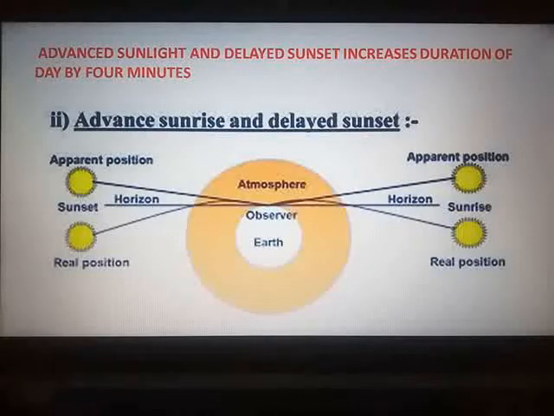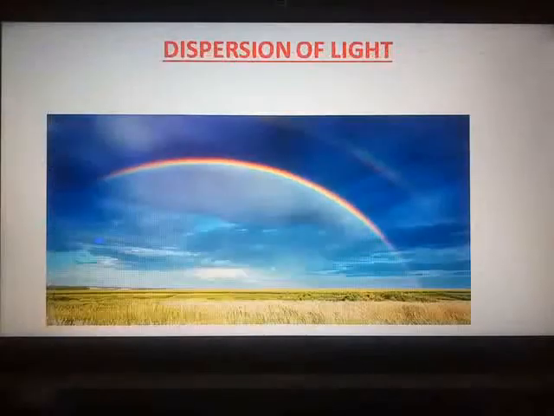Now we begin with the explanation of our today's main topic, dispersion of light. To understand this phenomenon of dispersion, just a small activity: take a plastic scale with which you draw lines. Hold that plastic scale in front of your eyes and see through it while turning it a little bit. Turn it by small angles.